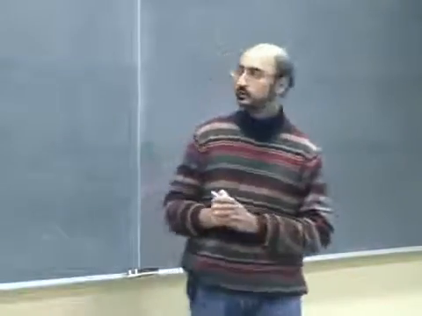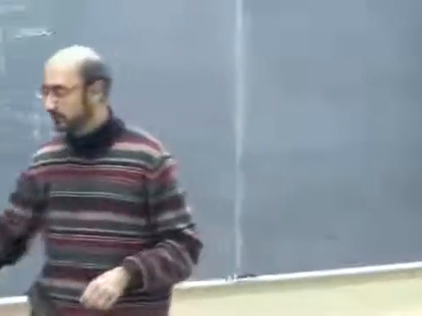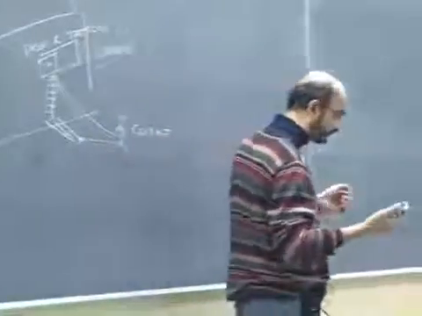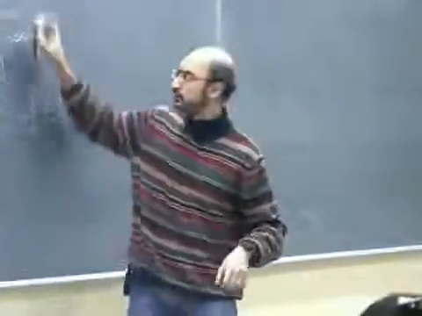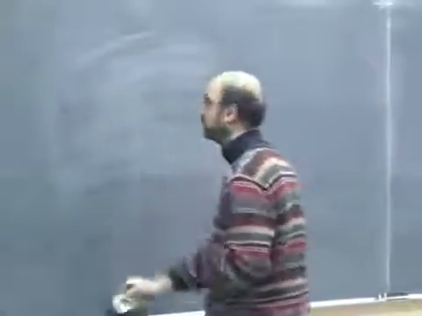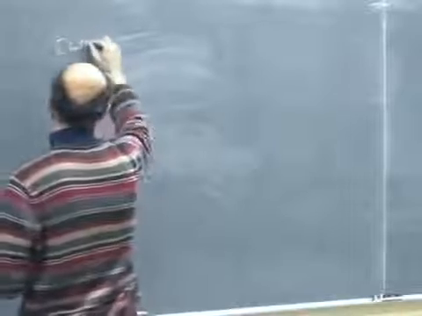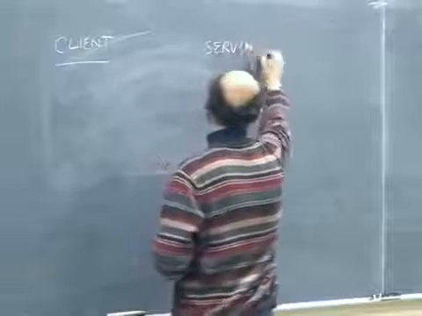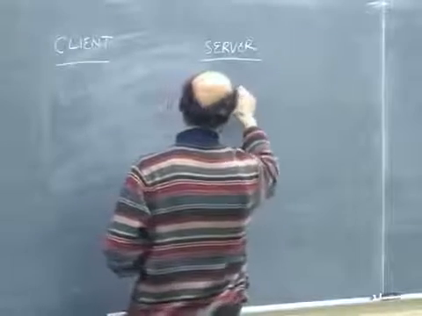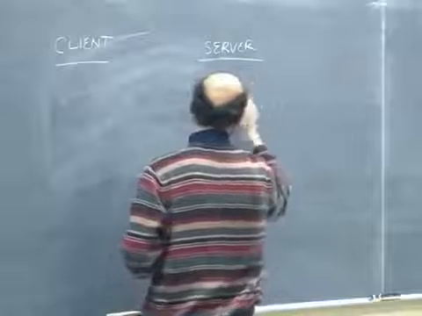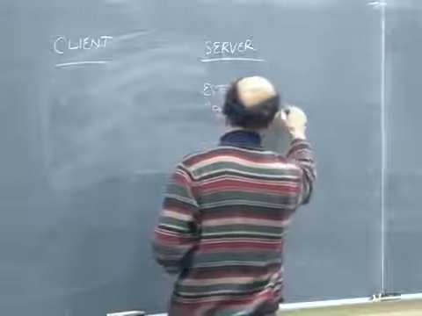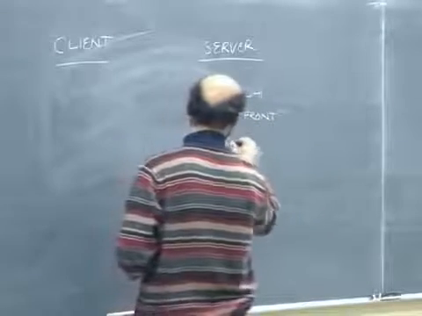Okay, so the way we're going to do this is that the server is going to essentially establish a storefront, if you will, and then the client is going to, so let me draw the semantic things that are going on. So we can draw the client side and the server side like this. So the server is going to establish a storefront, and then it's going to go and listen, right?